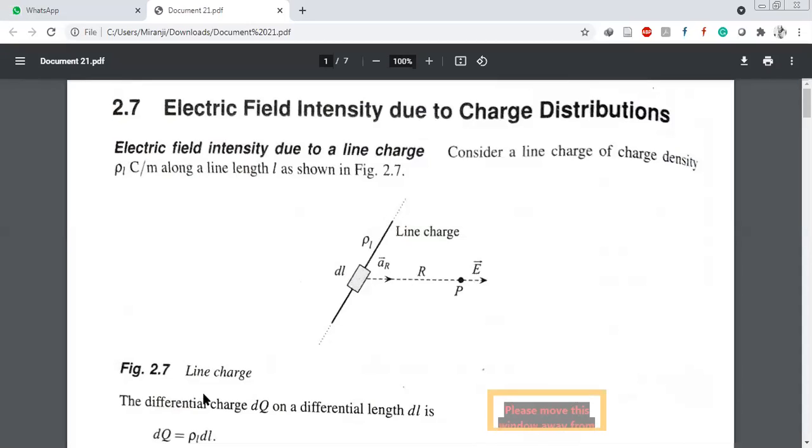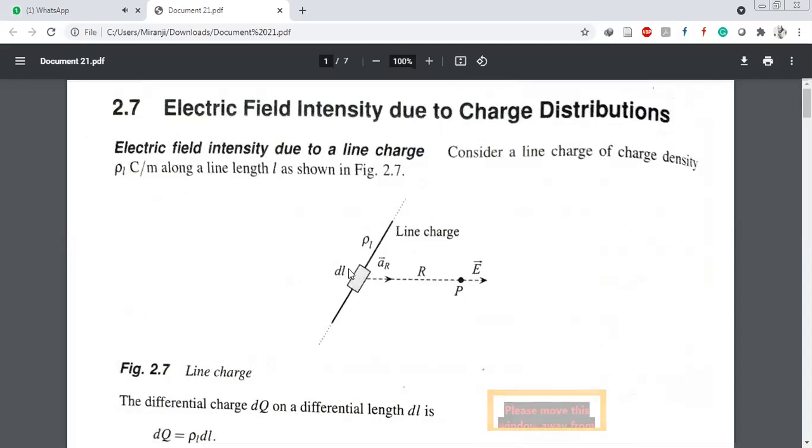Here, when we consider a line of infinite length, we consider some differential length dl. Suppose the line has a charge density of rho l. Rho is the standard symbol for charge density, and L is the length of the line. This is the differential length dl.